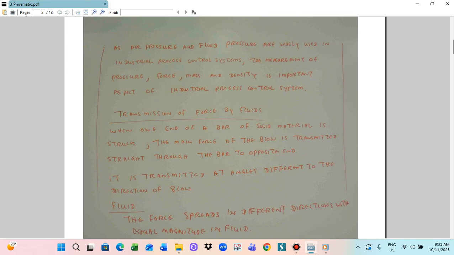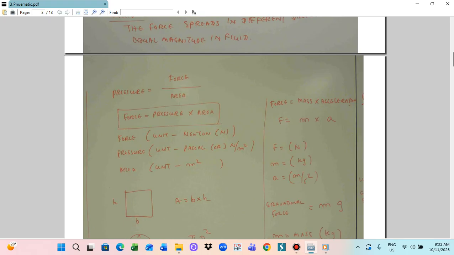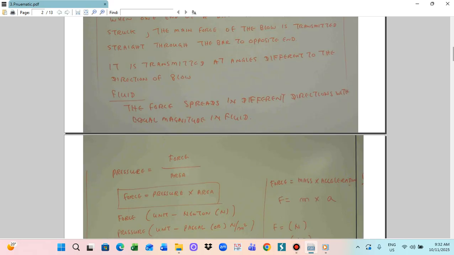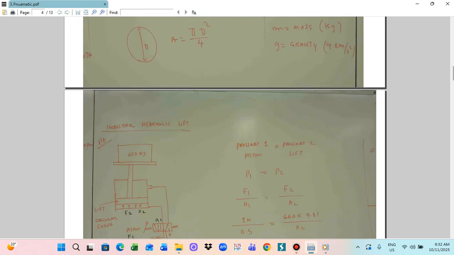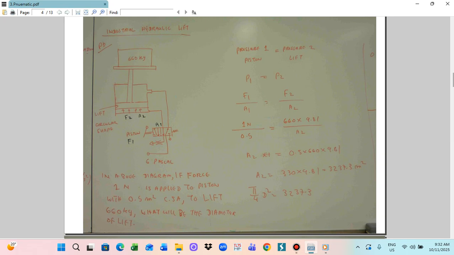This is the container here. This is the piston. So we put the piston here. When you put pressure, the pressure will spread easily in all directions.